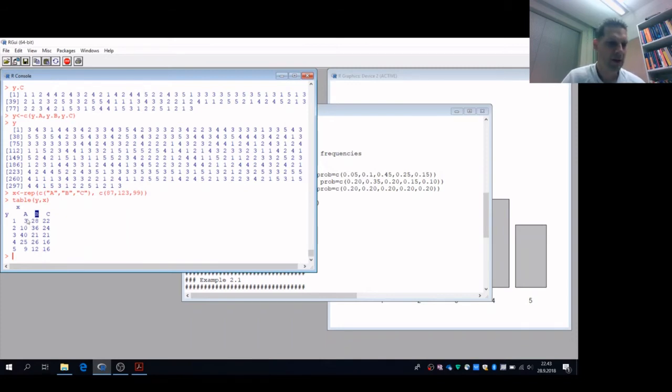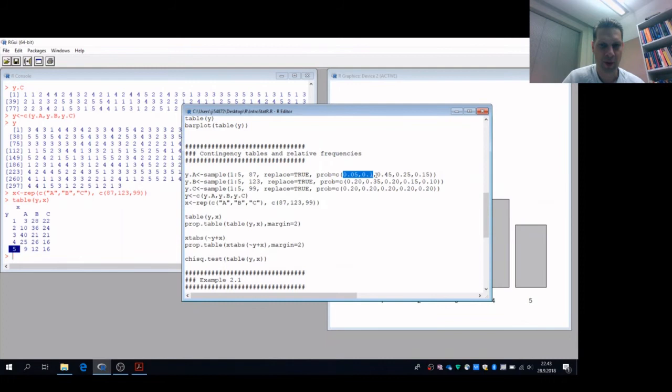But the idea is to consider the conditional probabilities: given that we have, for example, subpopulation A, what is the probability that y gets a value 1, 2, 3, 4, and 5. We obviously know the true probabilities, which are set here.